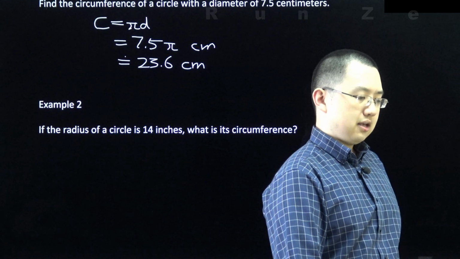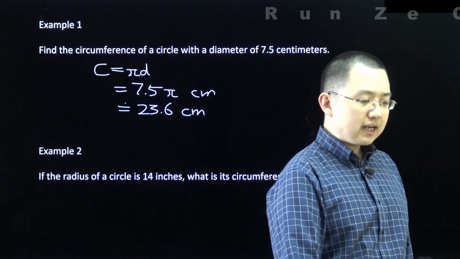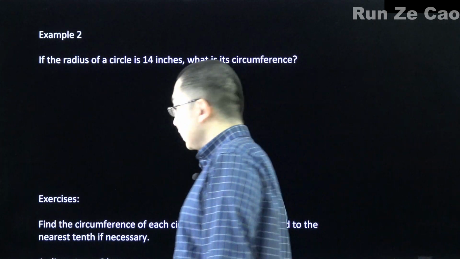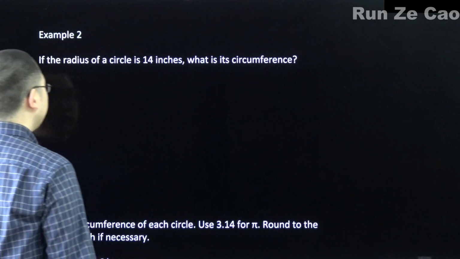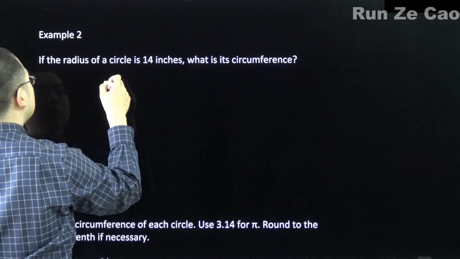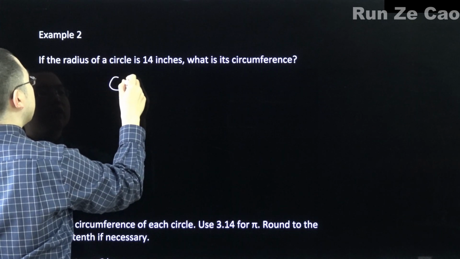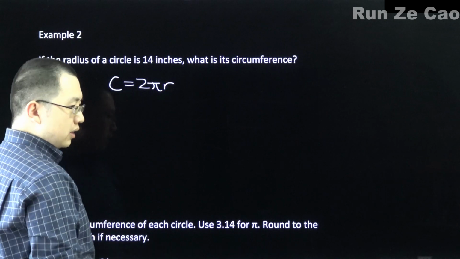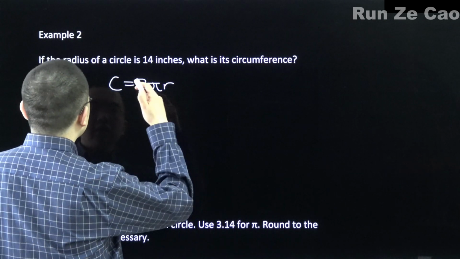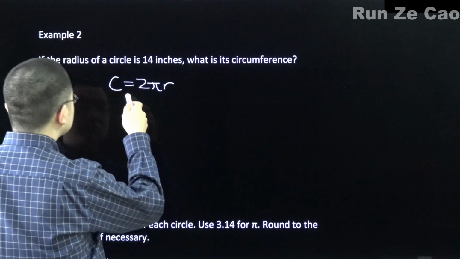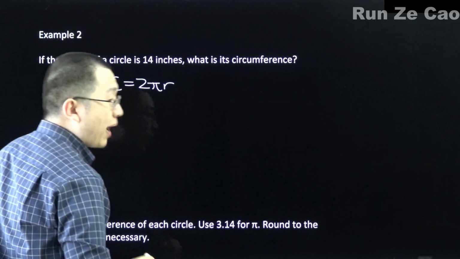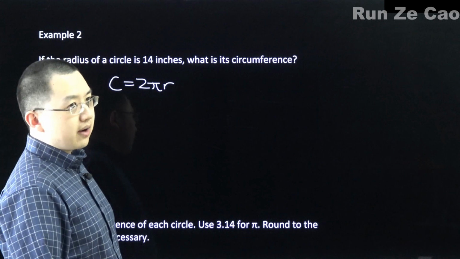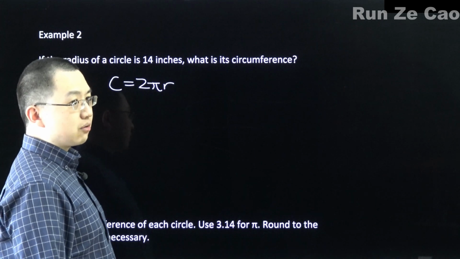Let's say we have a radius instead of a diameter, and the radius is 14 inches. What is the circumference? Well, circumference is equal to 2 pi r. If you want, you can just bother with only pi d or 2 pi r, and then just remember that r is 1/2 d, or d equals 2r.